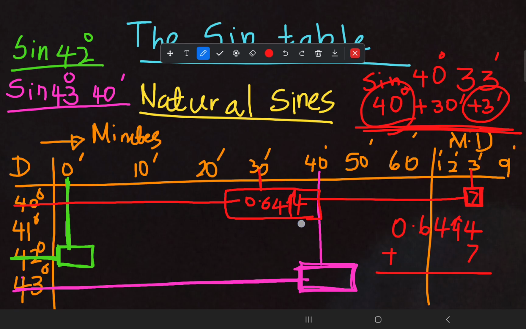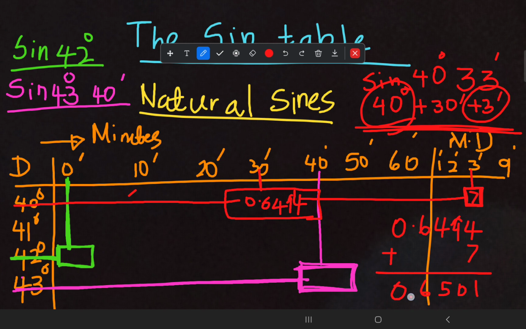So add it with the last digit of the respective degree and minute measurement. These are 10 multiple minutes. With that, you should add the mean difference with its last digit. So when you add, you will receive 11, then 0, 5, 6.